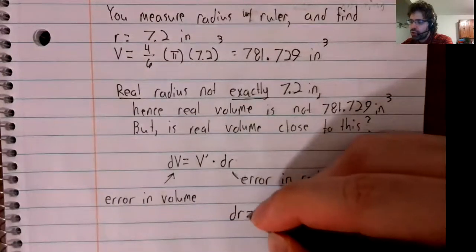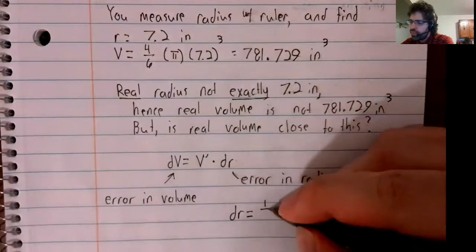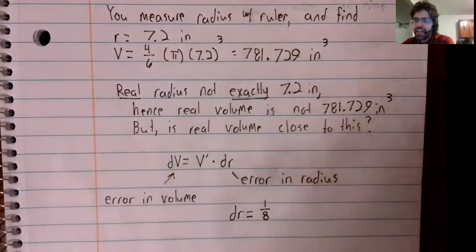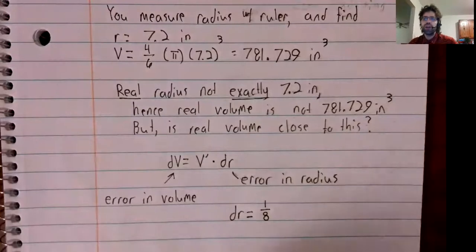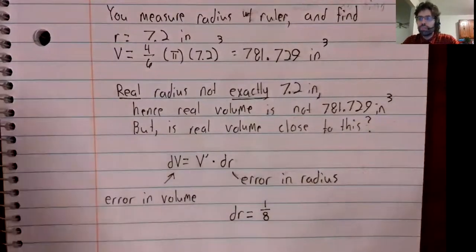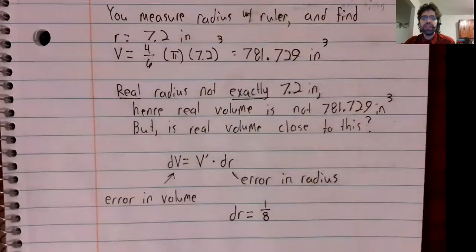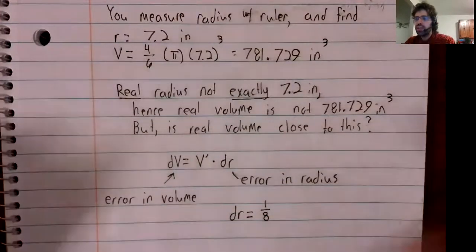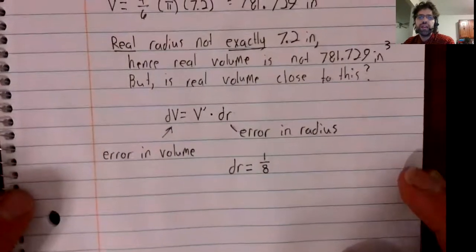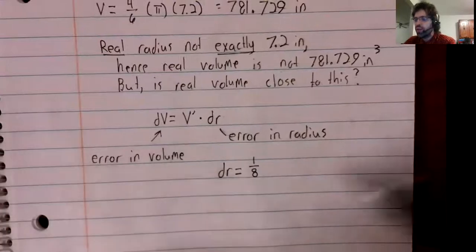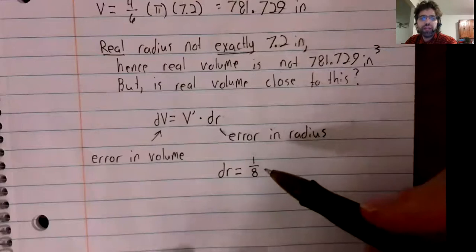A ruler is accurate up to about 1/8 of an inch. That's where the tick marks are. You can look at something and round it to the nearest 1/8 of an inch. So even if we don't know the exact error in the radius, we can approximate the worst case scenario.